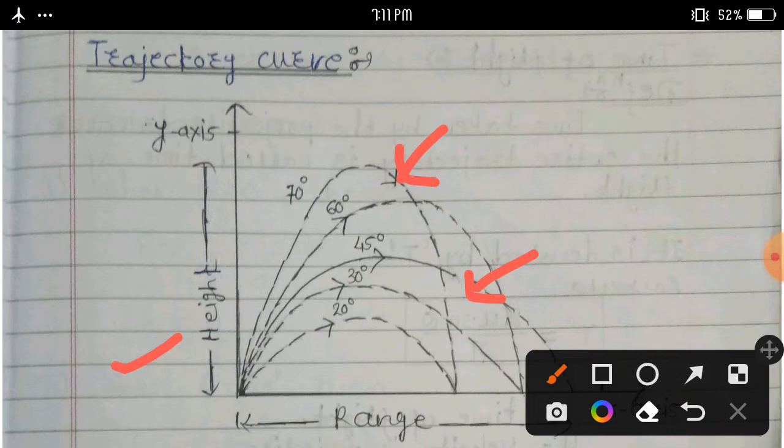And if it is projected at an angle greater than 45 degrees, the horizontal range is smaller and the maximum height reached is greater. And the last conclusion: if the angle of projection is less than or greater than 45 degrees, the horizontal range decreases.